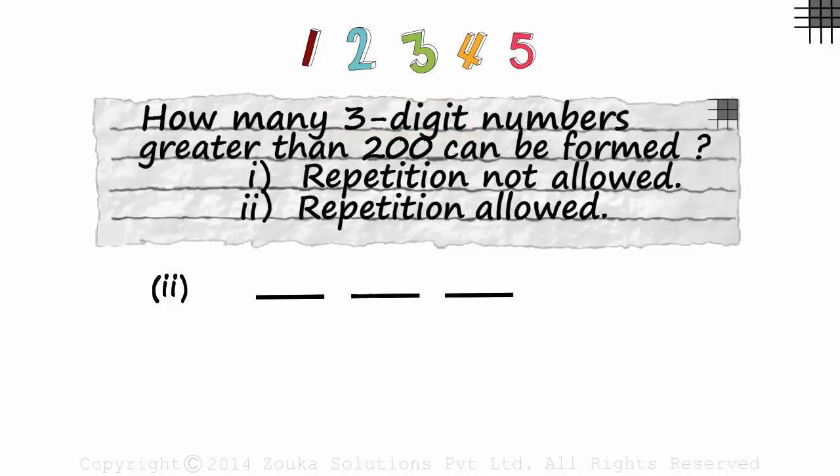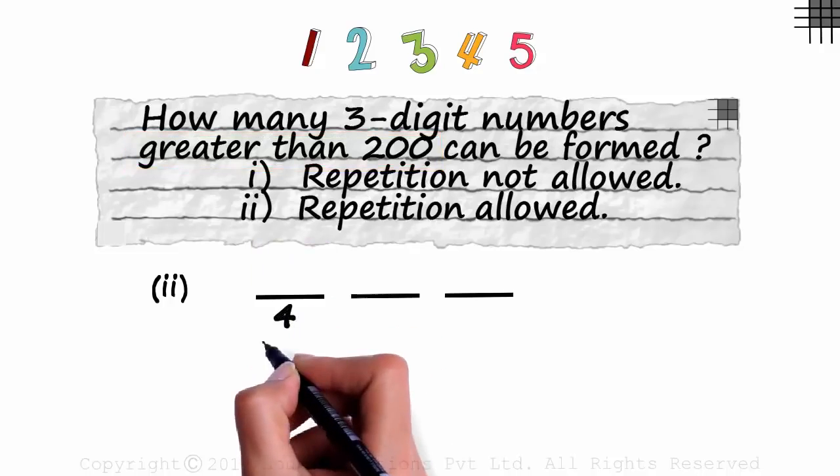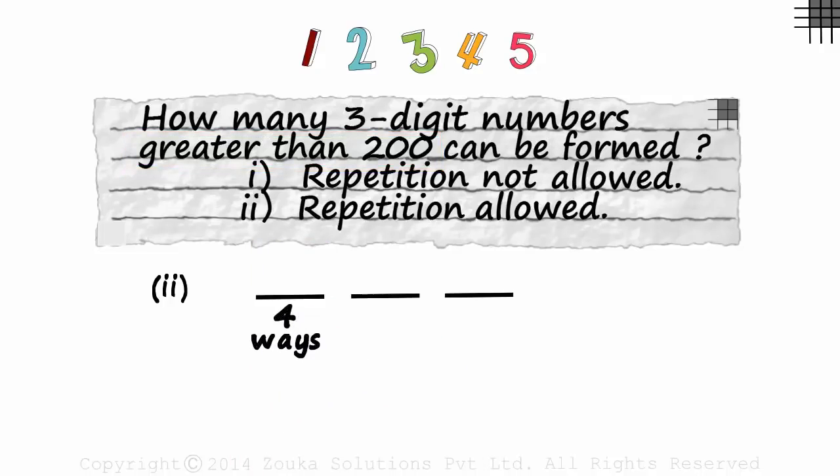In how many ways can we fill the hundreds place? As the number has to be greater than 200, we can fill it with a 2 or a 3 or a 4 or a 5. 4 ways. Okay, good. Now answer this question. Having used up 1 digit here, in how many ways can we fill the second slot?